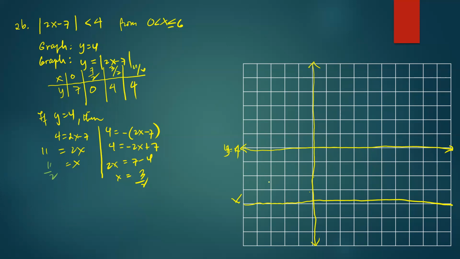So now we can plot the points. So we have 0, 7. So 1, 2, 3, 4, 5, 6, 7. Okay. Then we have 7 over 2 is 3 and 1/2, right? Okay, so we have 1, 2, 3, and 1/2. Then we have 3 over 2, 4. So that is 1 and 1/2.